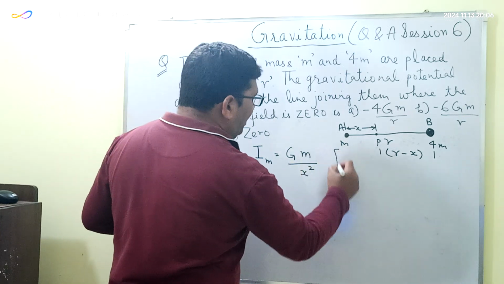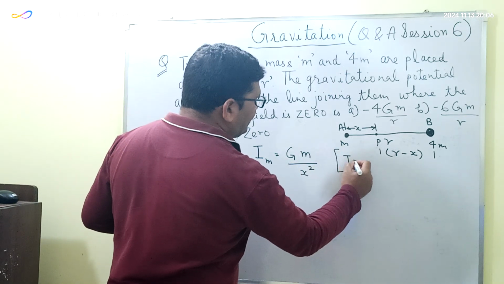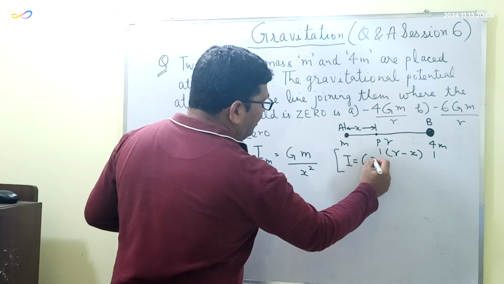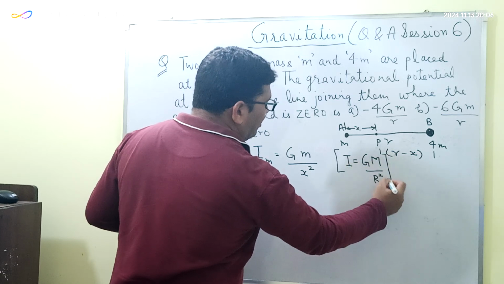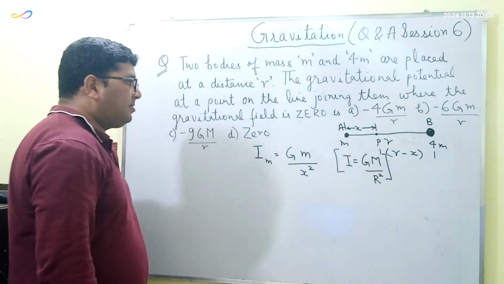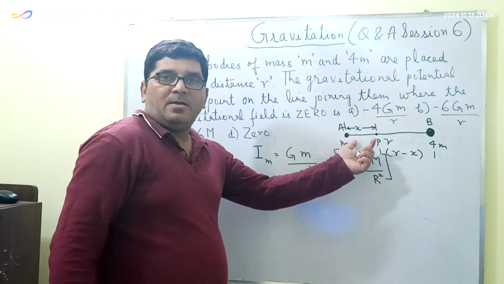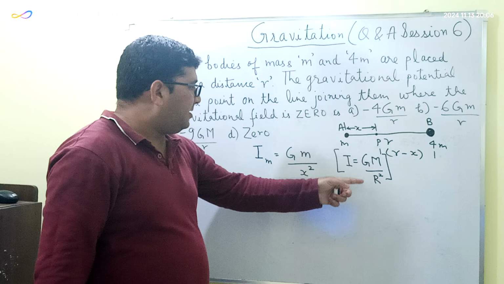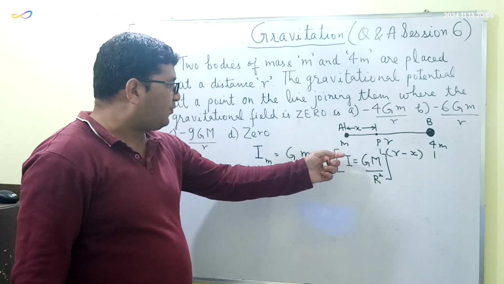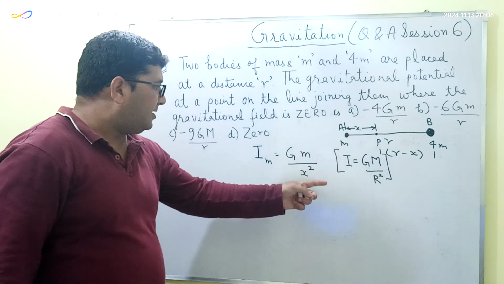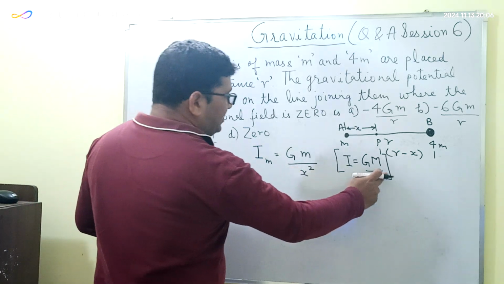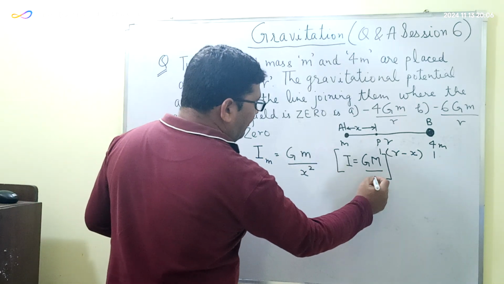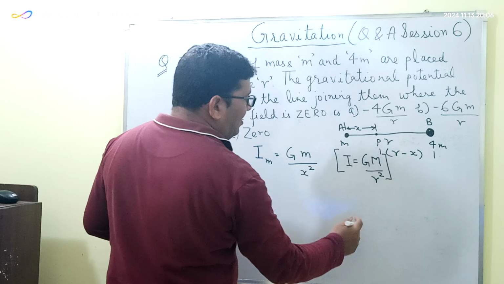I have used the formula that the gravitational field intensity is equal to G m by r squared, where r is the separation between the two points, m is the mass of the body, and G is the gravitational constant.